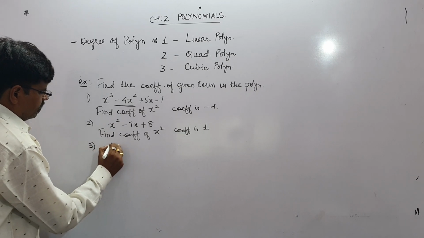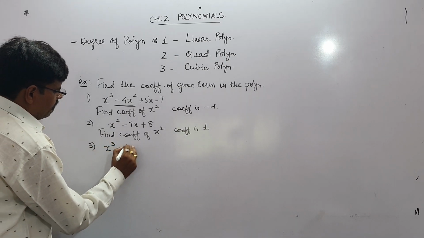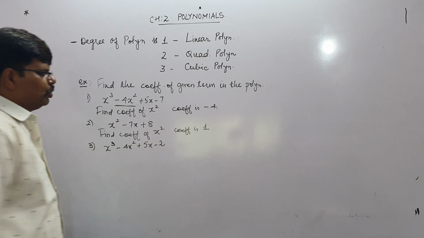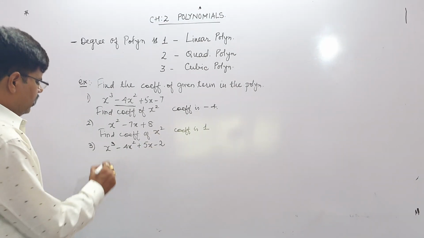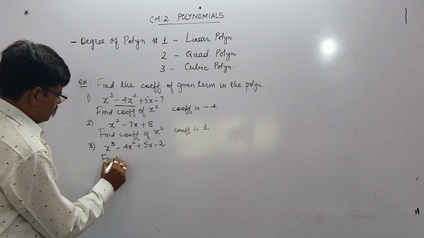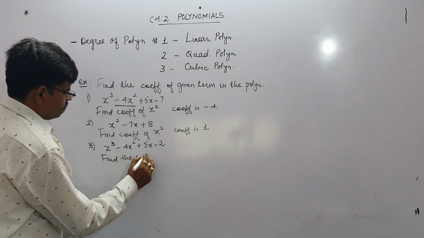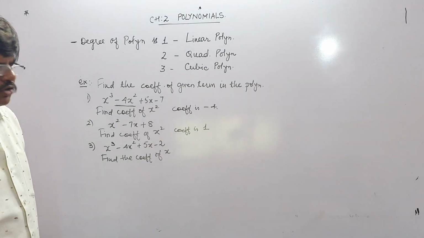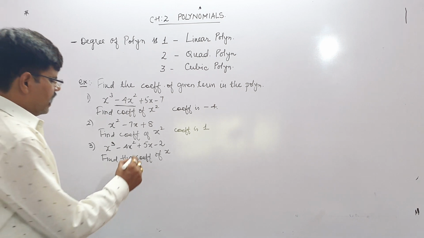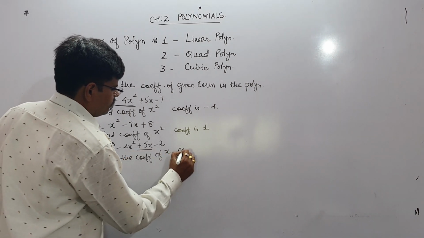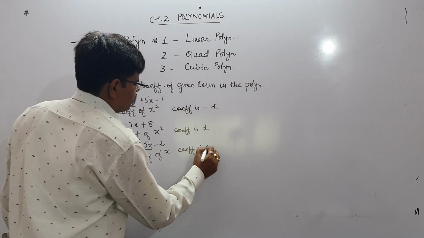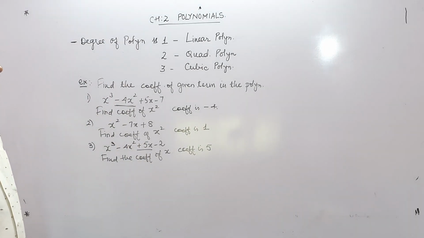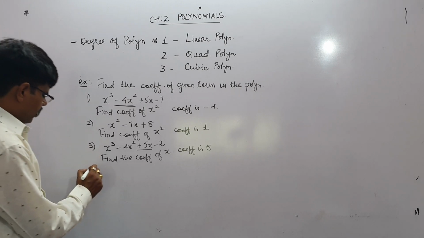Third, x cube minus 4x square plus 5x minus 2. Find the coefficient of x. The number associated with x is 5. Coefficient is 5. This is how we can find out different coefficients. You can take one more.